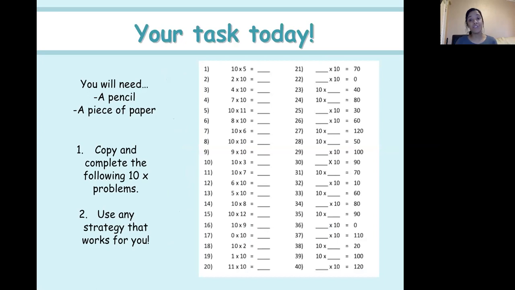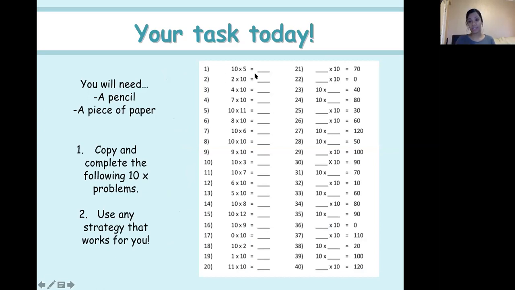So your task for today is going to be very similar to what we did yesterday, okay? You will need a piece of paper and a pencil. You're going to copy and complete the following 10 times problems. Use any strategy that works for you, okay? Remember, you can count by 10s on your fingers, okay? So if you see number 1, it says 10 times 5.